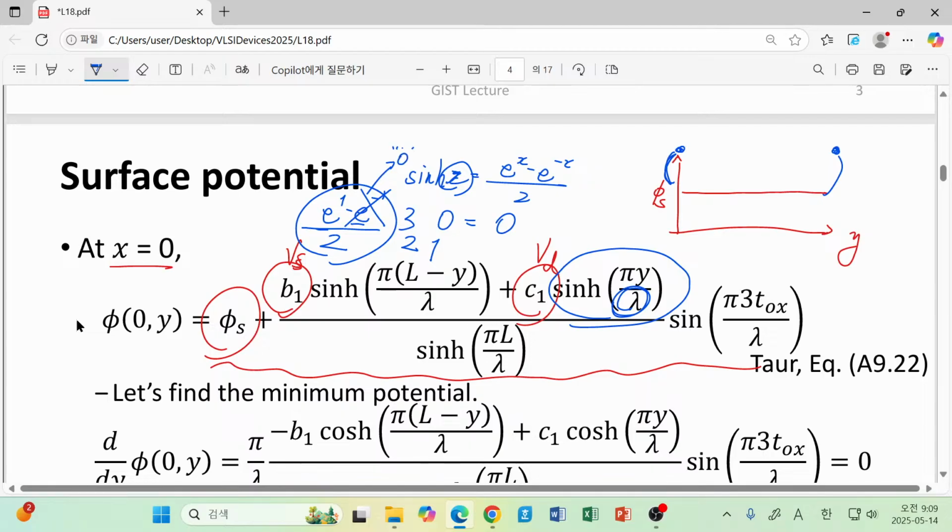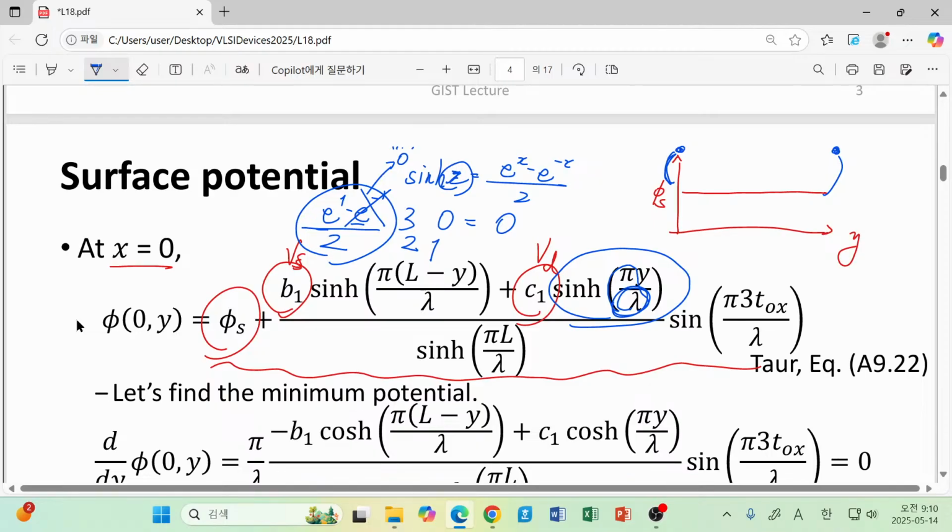So we get just a simple expression like this. The hyperbolic sine function follows exponential x divided by 2 for x much higher than 0. Therefore, we can understand the length scale is more or less given as lambda, or lambda divided by pi.